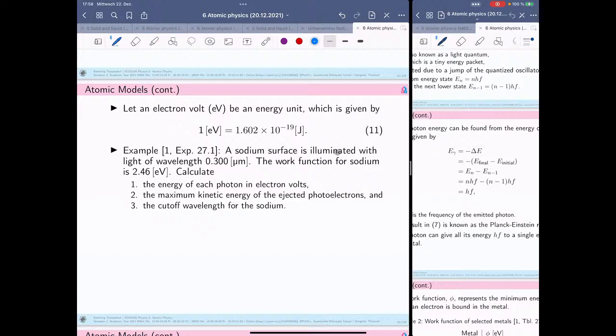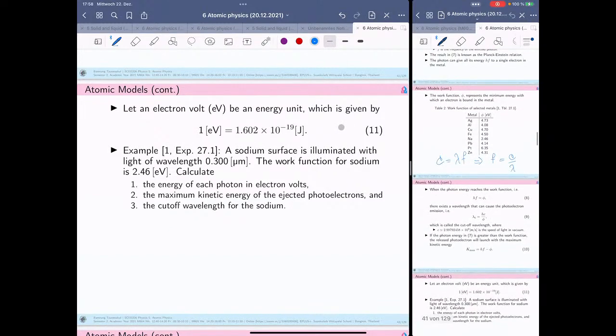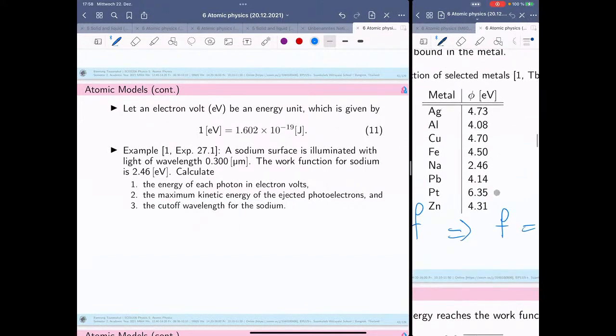A sodium surface is illuminated. The surface is now chosen as the candidate. You can take a look at these. Sodium is Na here, 2.46 for its work function. The sodium surface is illuminated with light of wavelength 0.3 micrometer.